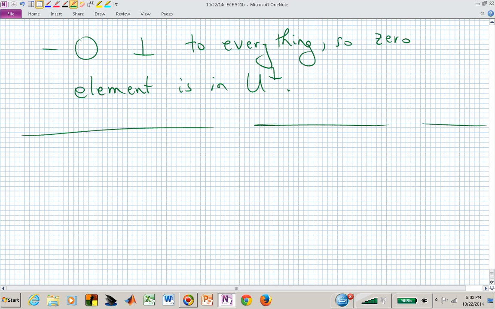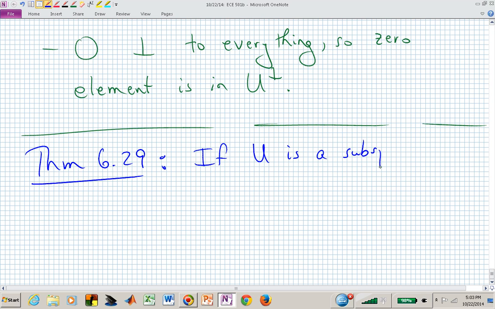Now, if we go ahead and allow U to actually be a subspace, then that allows us to decompose the vector space into two parts, and that's theorem 29. If U was actually a subspace, then the vector space V can be a direct sum decomposition of U and U perp.